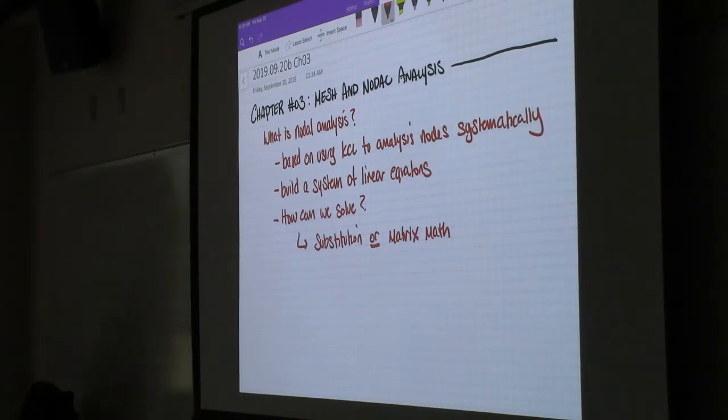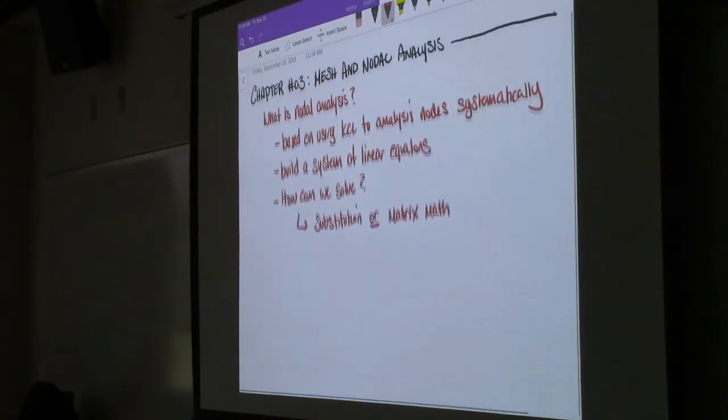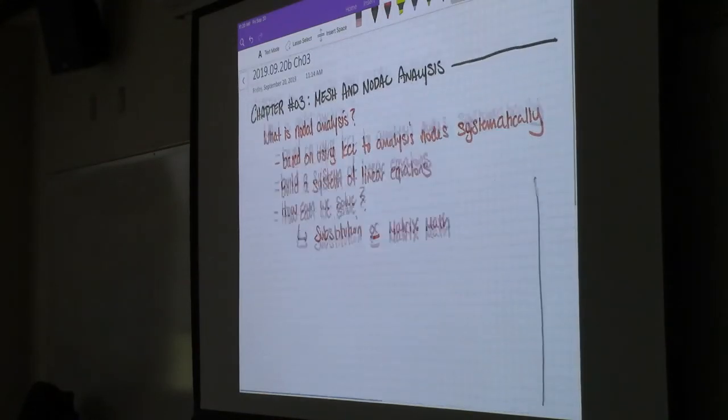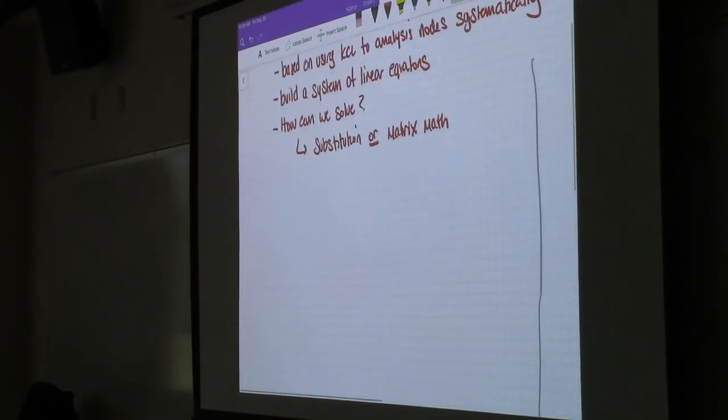All right, so let's take a look at what the general structure is going to look like. Let's say we have 2 currents that we want to solve for. They will be equal to something called an admittance matrix times the voltages.